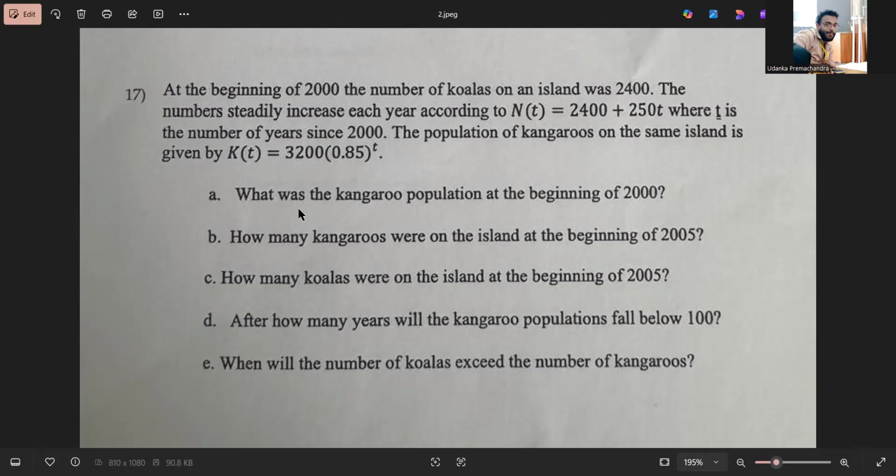So they gave the kangaroo and koala equations, something different. They gave kangaroos like this, koalas like this. Okay, so we will go for the questions.